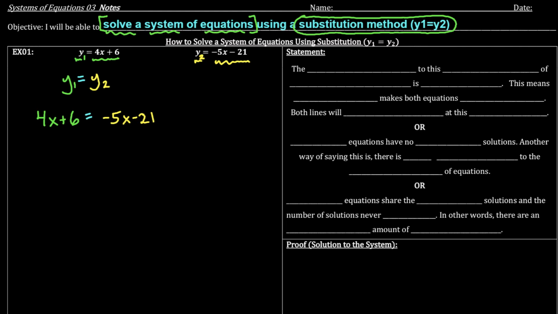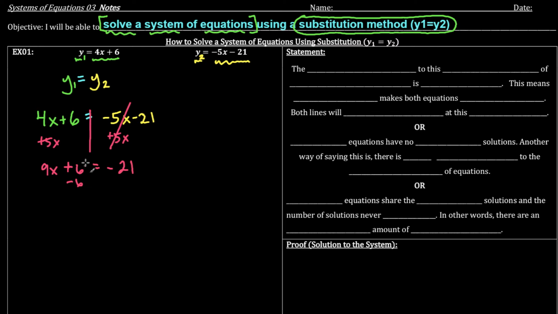I'm just going to go ahead and do that math. Because we only have x's now, we can actually just solve. Adding 5x, I get 9x plus 6 equals negative 21.